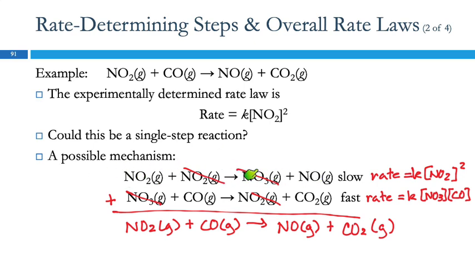Once this step happens, the rest of it happens very quickly, right? And so this rate law is meaningless. There's no point in even trying to figure out what it is or what its rate constant is, because the first one is the one that limits the rate of the overall reaction.